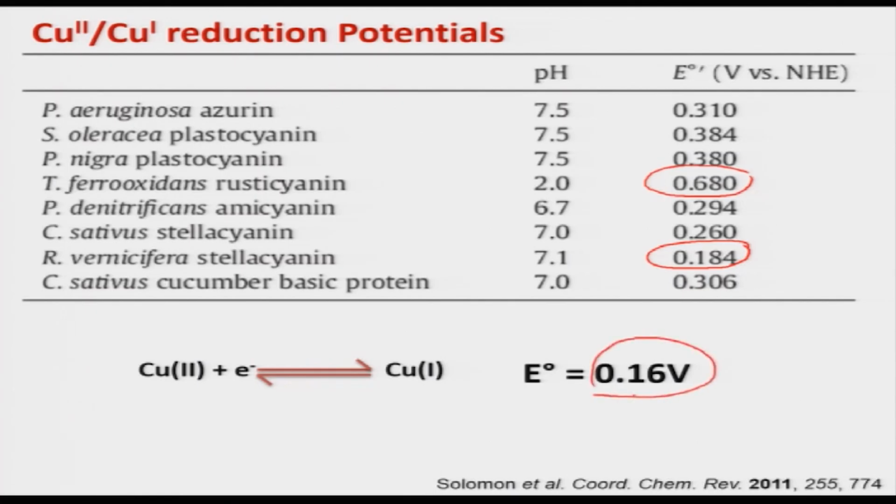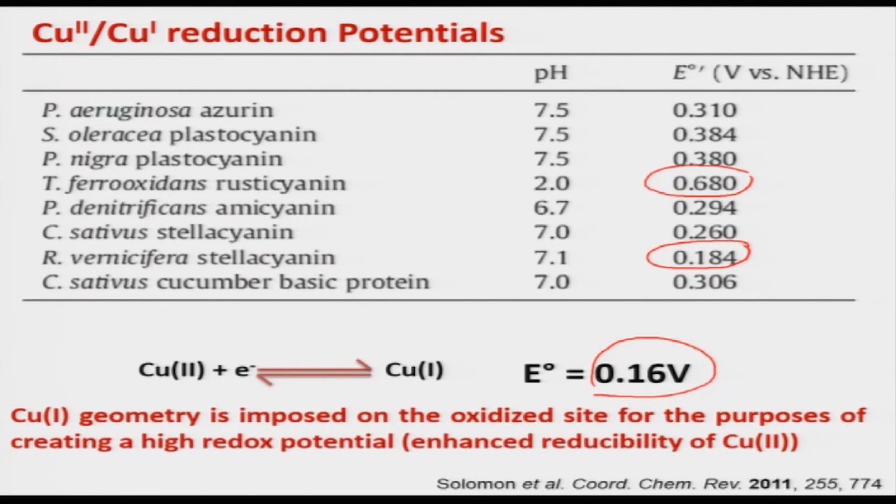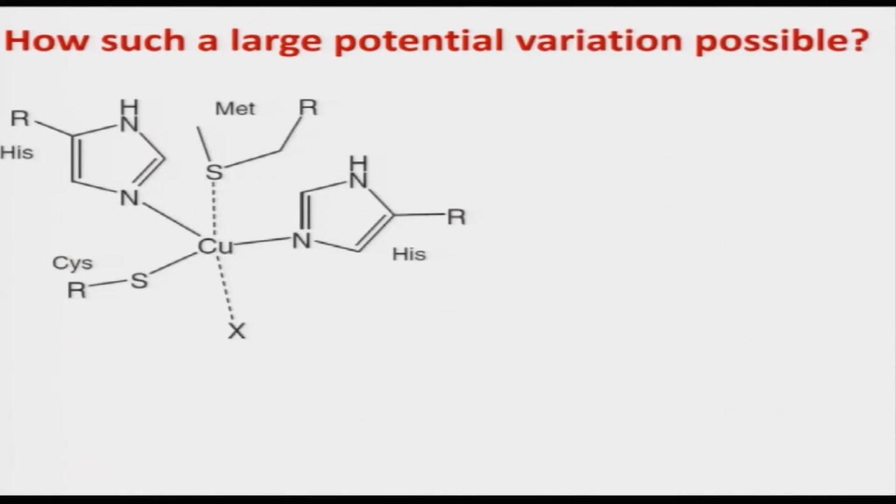So, it is a high positive value in the blue copper proteins, and this is because the copper 1 geometry is imposed on the oxidized site for the purpose of achieving a high redox potential. Now, the next question is how such a large potential variation is possible.